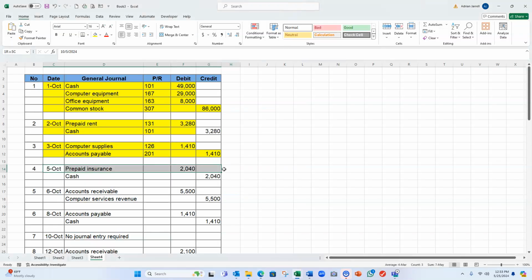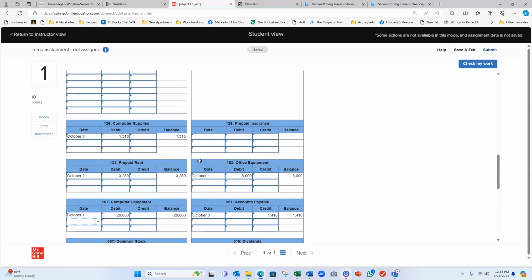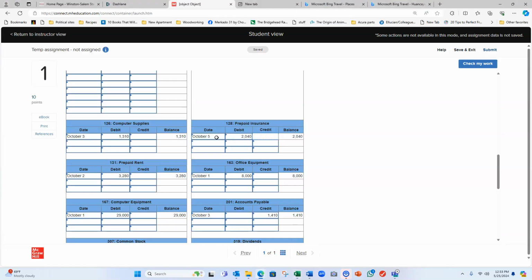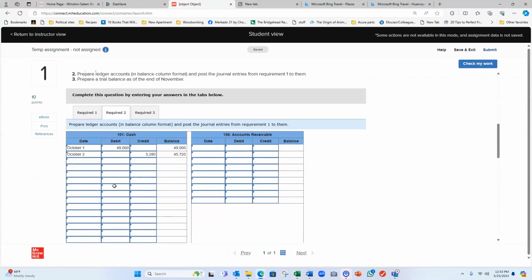We're going to debit prepaid insurance on the 5th for $2,040. That one's done except for the account number. Cash is going to be account number 101, but we'll get that in a minute. Credit on the 5th for 2040.